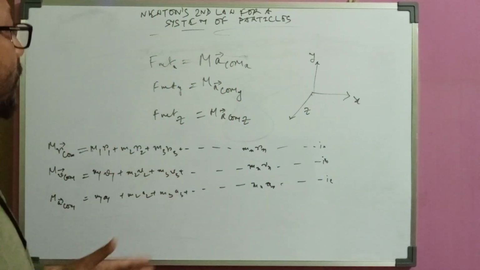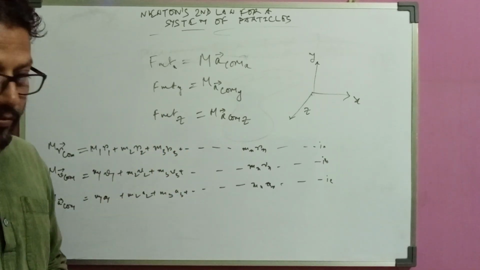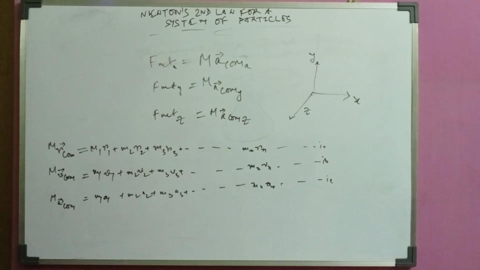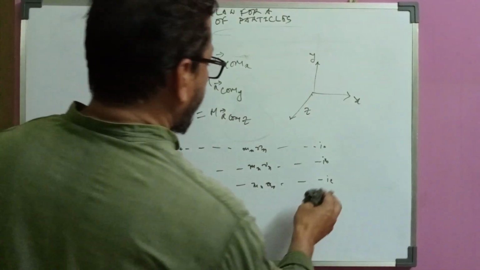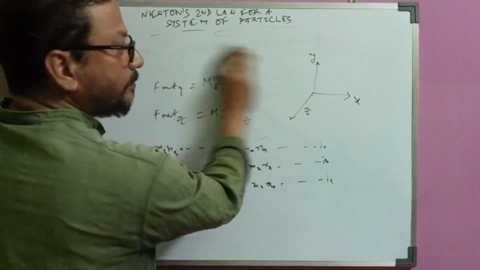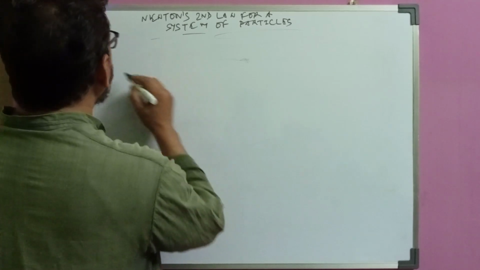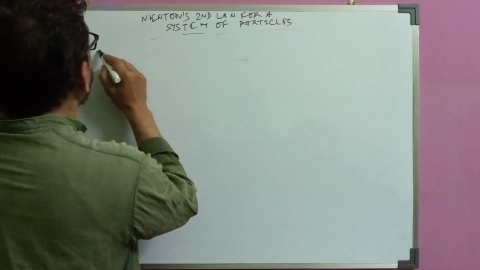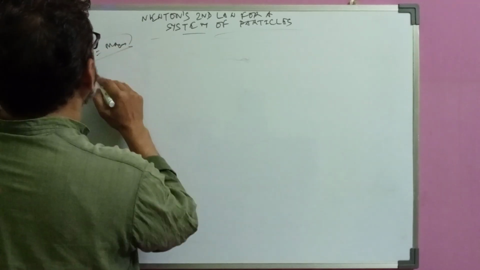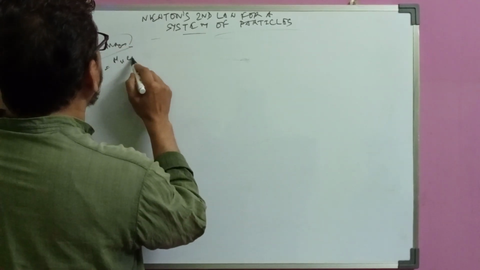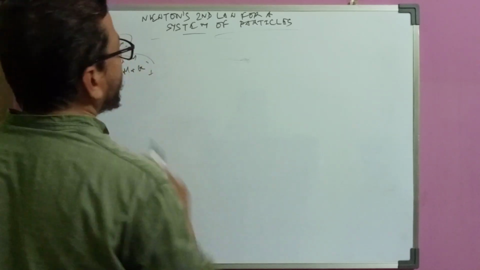Now from this what do we postulate, what will we derive? Check it out. From the previous, what we did, from F is M A com, everything whatever you got, F is M V com, F is M R com, these are the things we get.